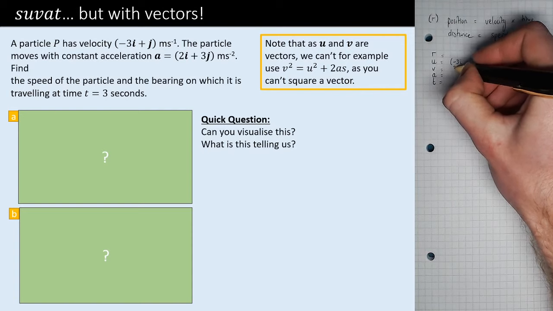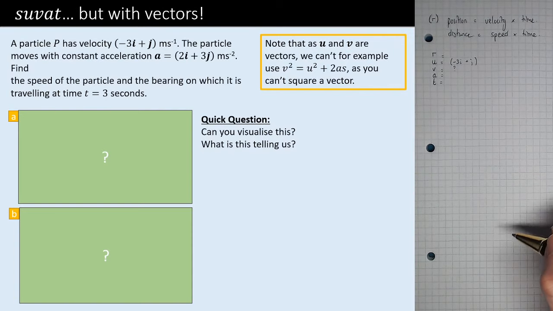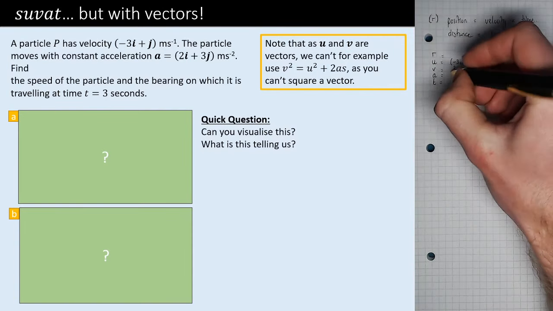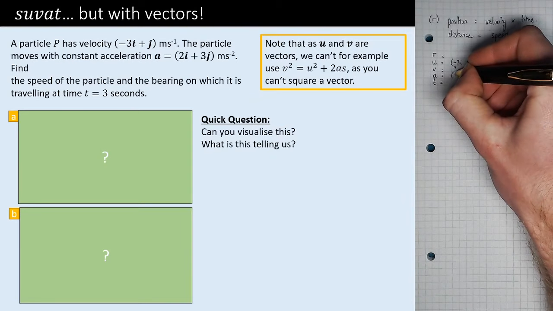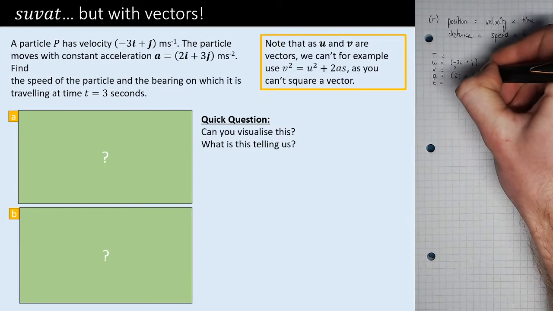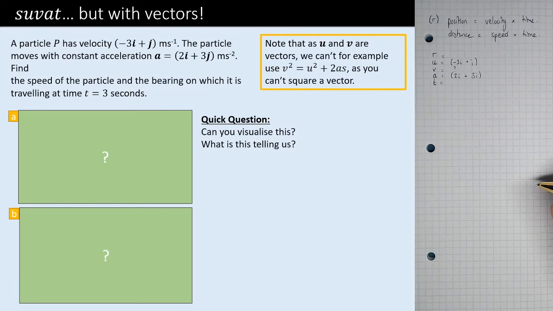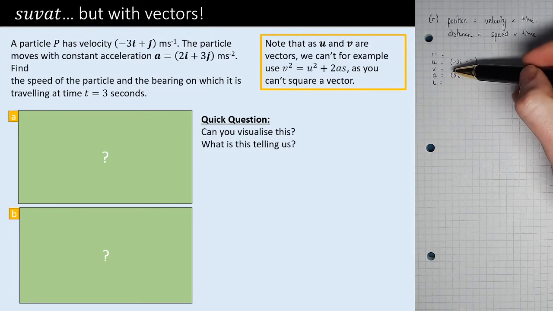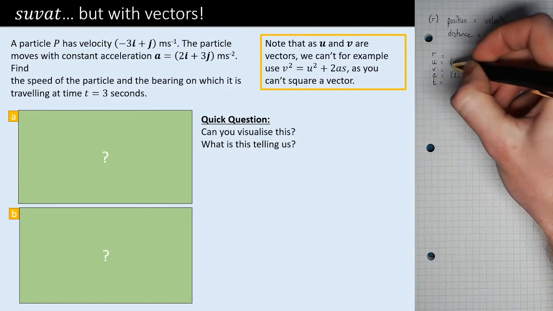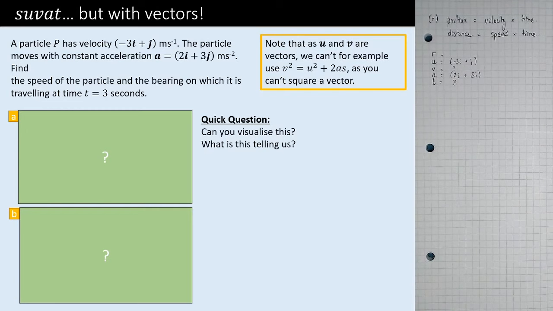We're going to want to work that out. We do have constant acceleration, which is 2i plus 3j meters per second squared. We want to find the speed of the particle and the bearing it's travelling after t equals 3.